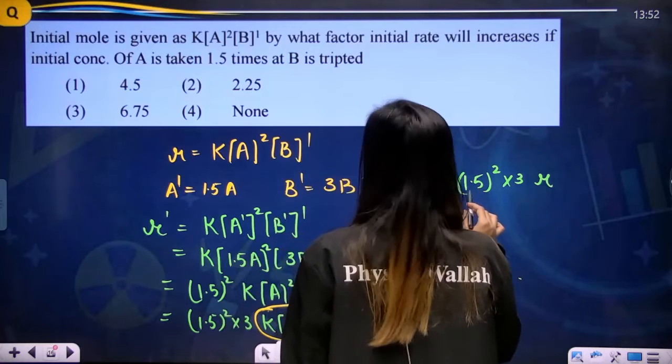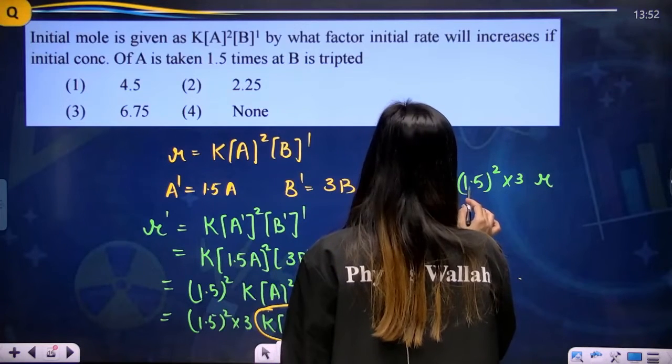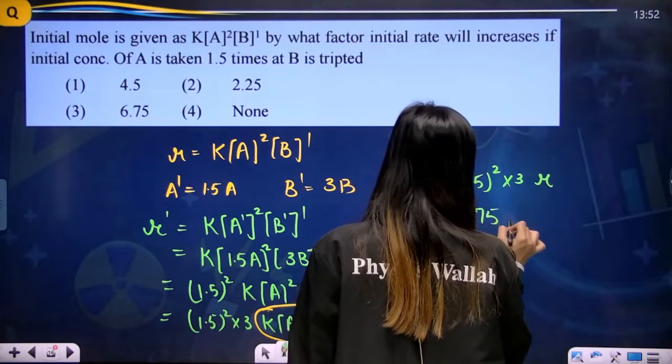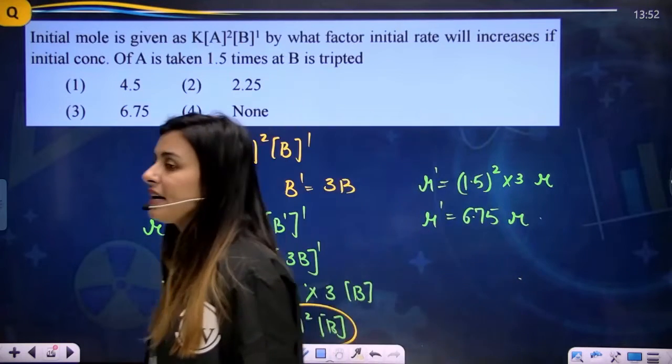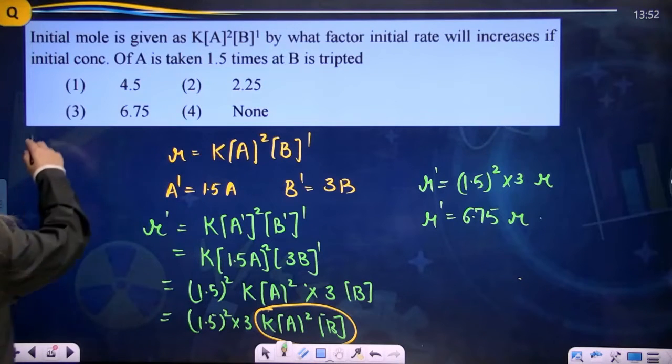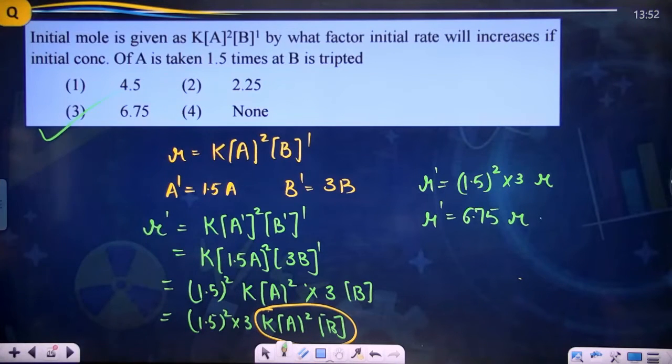This would come out to be, I guess, 2.25 into 3. I think option 3, 6.75 R, would be your correct answer. So R dash would be 6.75 R. That is option 3 will be your correct answer. Right? Perfect. Pause the video, write it, my dear students, understand how we have solved this question, and then we'll move forward.